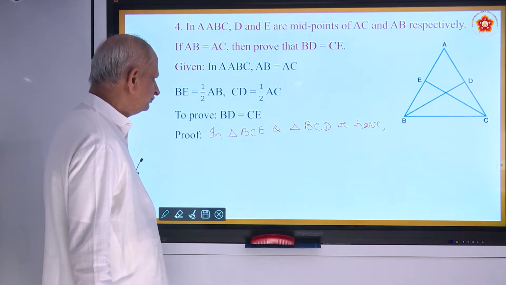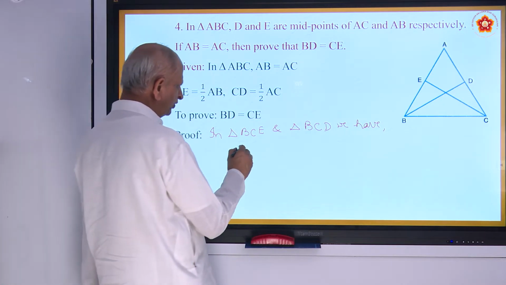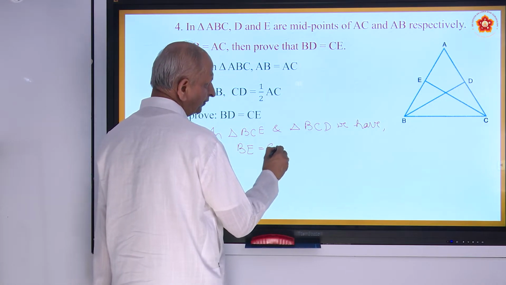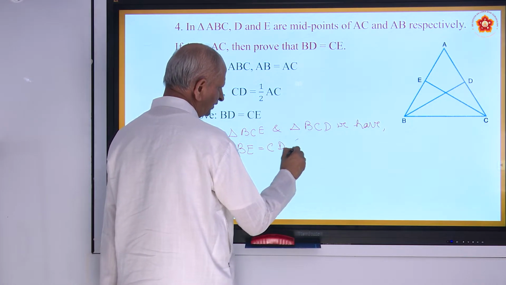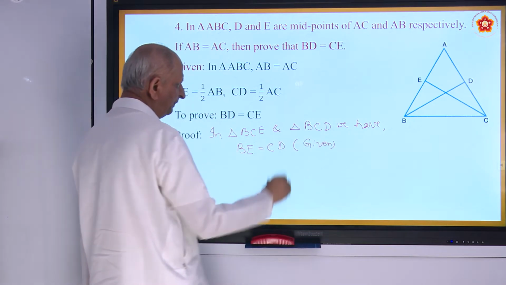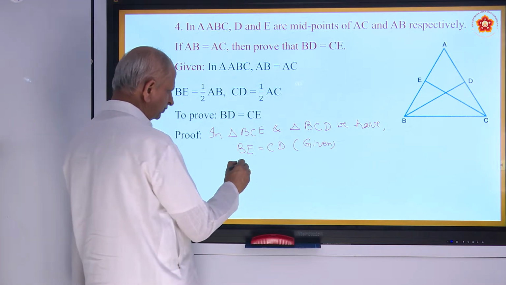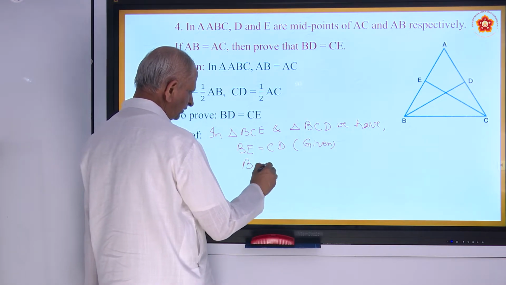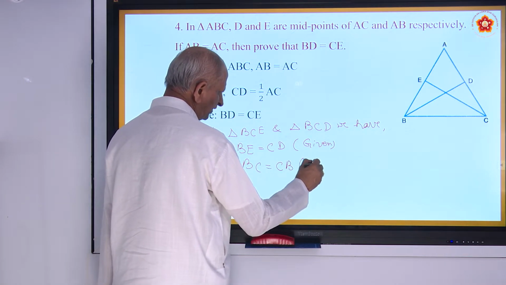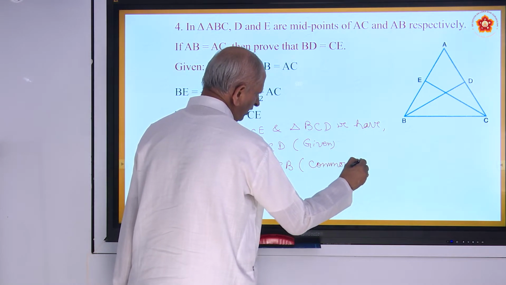BE is equal to CD, that is given because they are midpoints, and one base is common. So BC is equal to CB, common side.